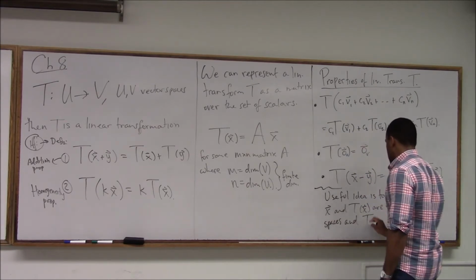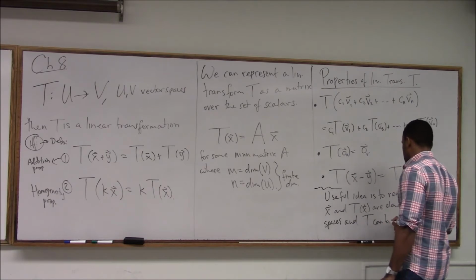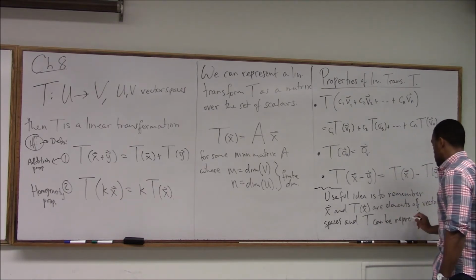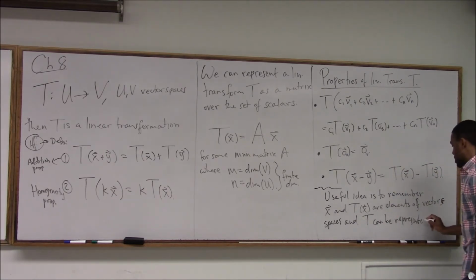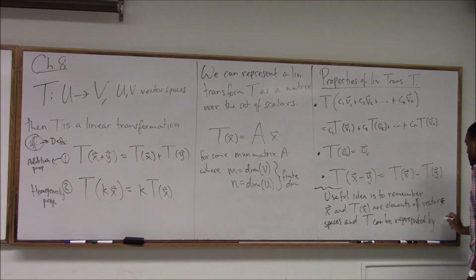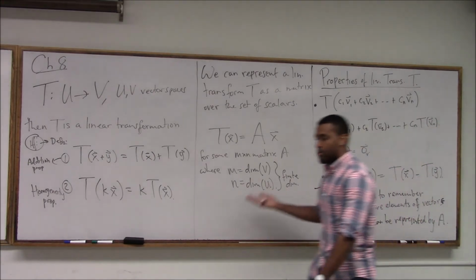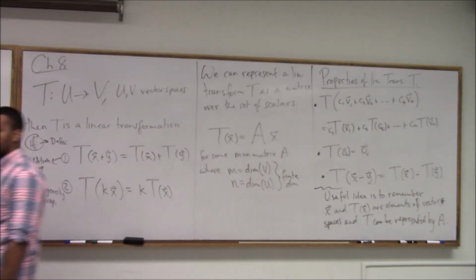And T can be represented by A. So for example, if you know that the dimensions of U and V are the same, then you automatically know that T can be represented by a square matrix, and that would mean if I can find its inverse, the function is invertible, the function is one-to-one.